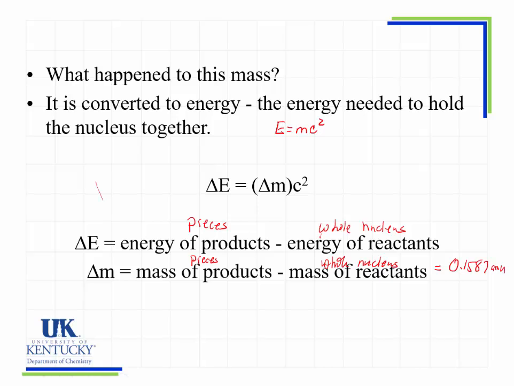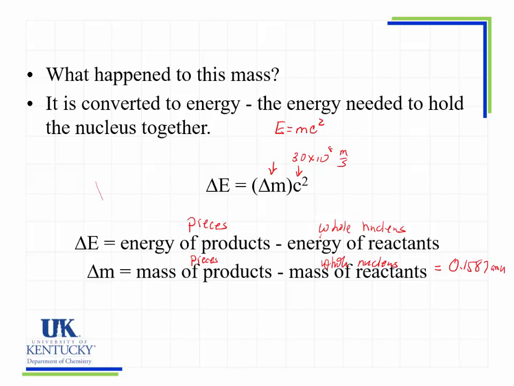And if you put that AMU in here and put the speed of light in here, which is 3 times 10 to the 8th meters per second, you could determine how much mass is getting converted to energy in this process.